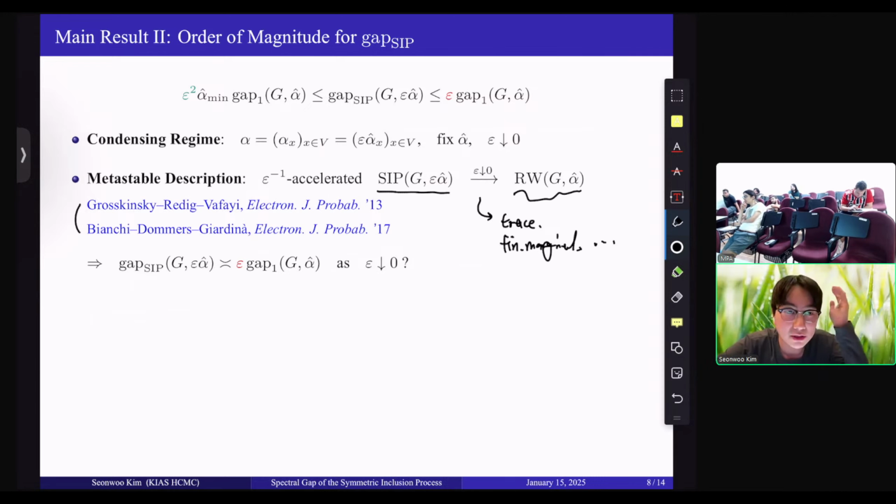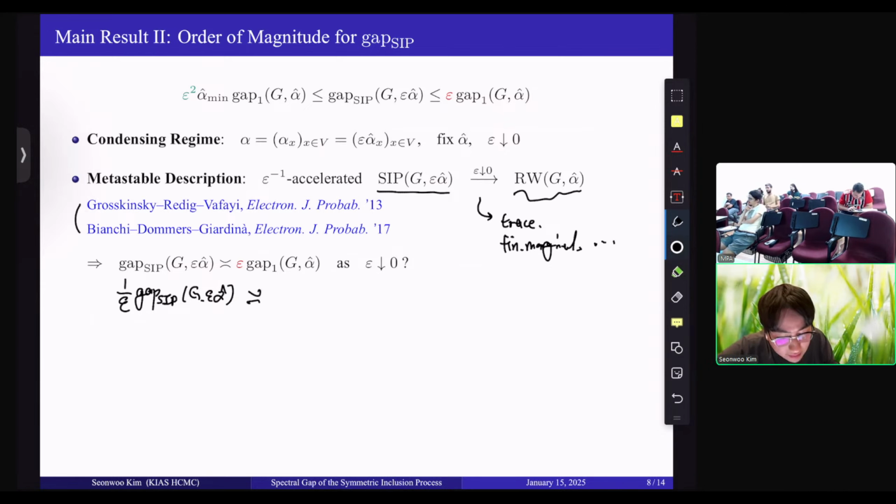But anyway, we can at least believe that the scale of the gap should be quite similar, right? So we can believe that this accelerated SIP, which can be written by this, accelerated by 1 over epsilon, is at least at the same scale as the gap of the random walk.